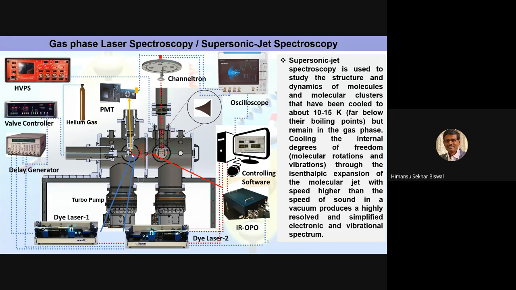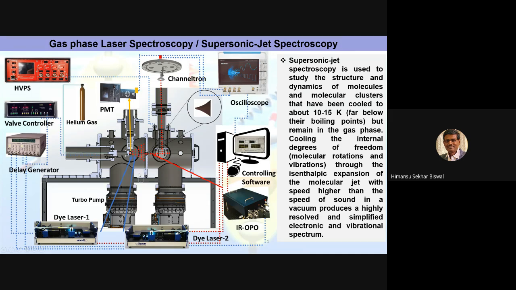When you press, at the end of the needle where there is the hole, you get a liquid jet, and it works on the same principle. One side is loaded with my molecule, highly diluted with the buffer gas. Then we expand it through the orifice into the vacuum, and it forms a molecular jet.